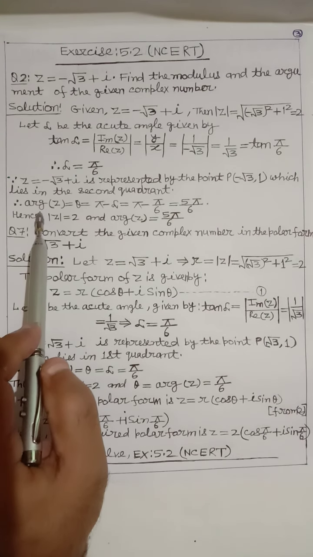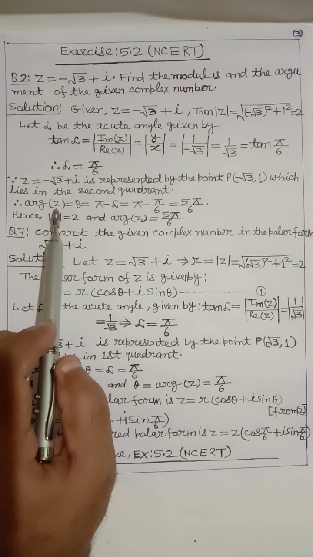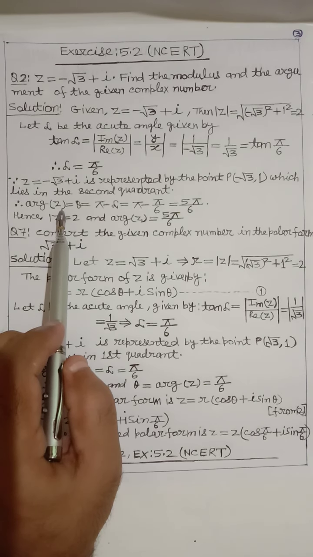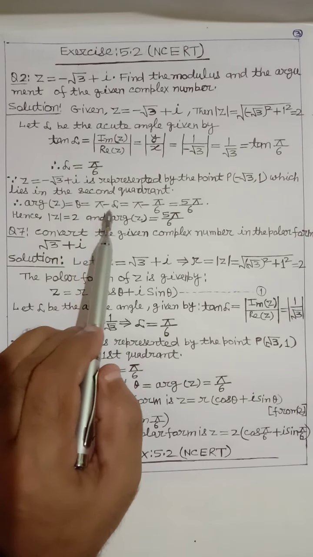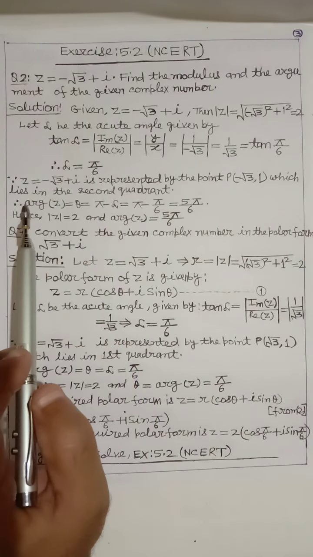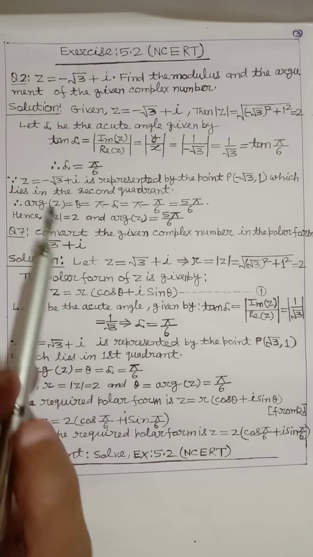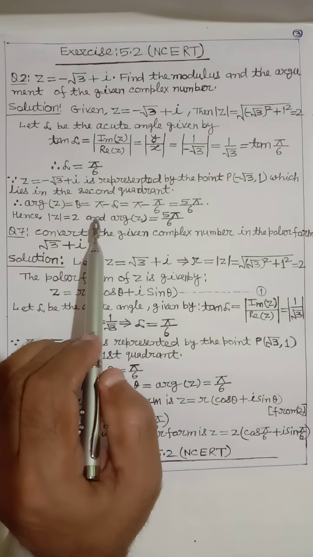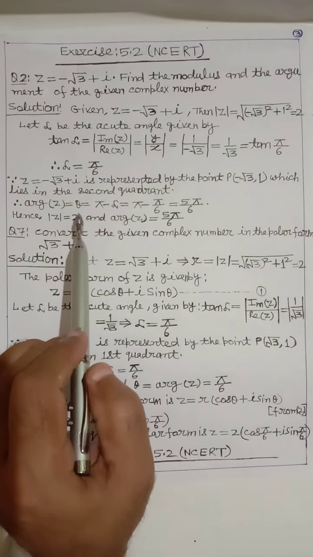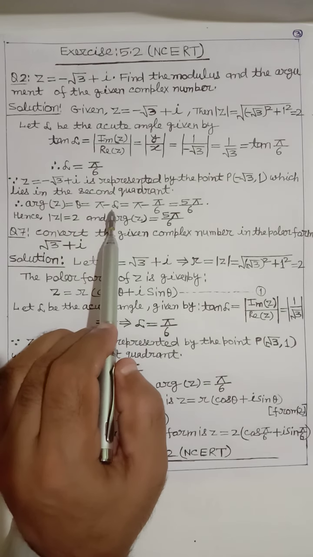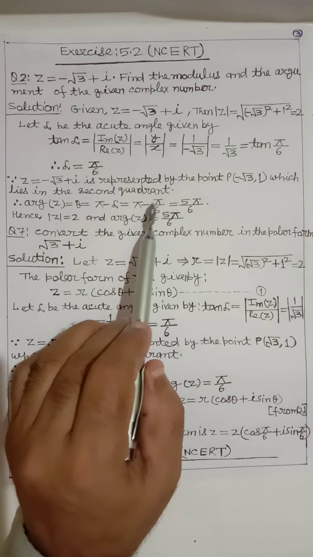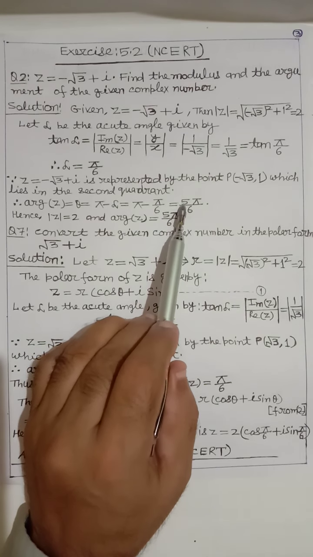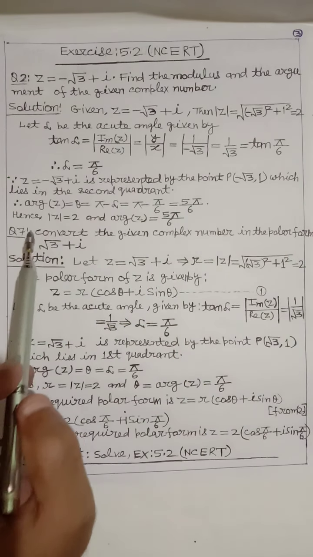So in that case the argument of the given complex number, theta, is equal to pi minus alpha. We have discussed above: if the given complex number lies in the second quadrant, in that case the principal argument, that is theta, is equal to pi minus alpha, and this is equal to pi minus pi by 6, which is equal to 5 pi by 6.